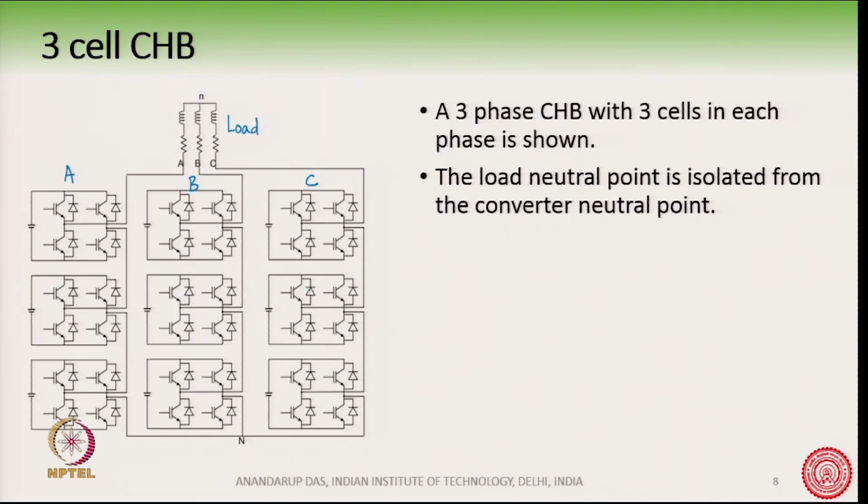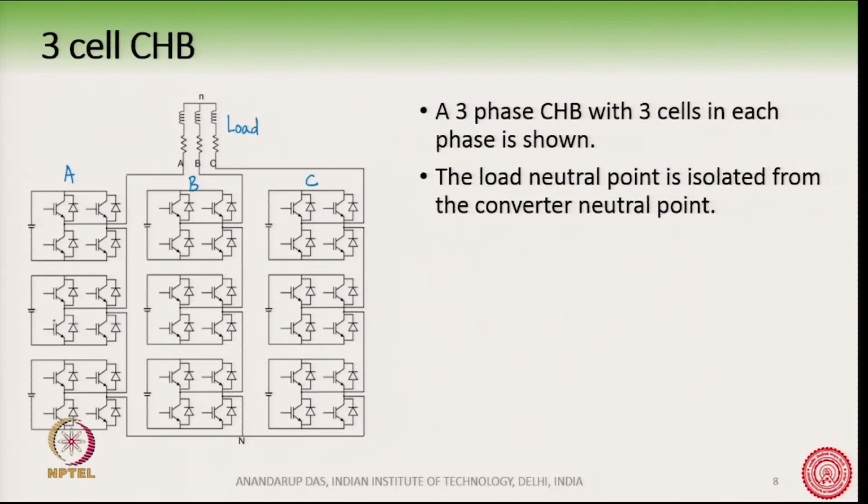In phase A we have 3 cells, cell 1, cell 2, cell 3 here. These 3 cells are cascaded. So, you can see that the output of cell 1 goes to the input of cell 2, output of cell 2 goes to the input of cell 3, and so on.